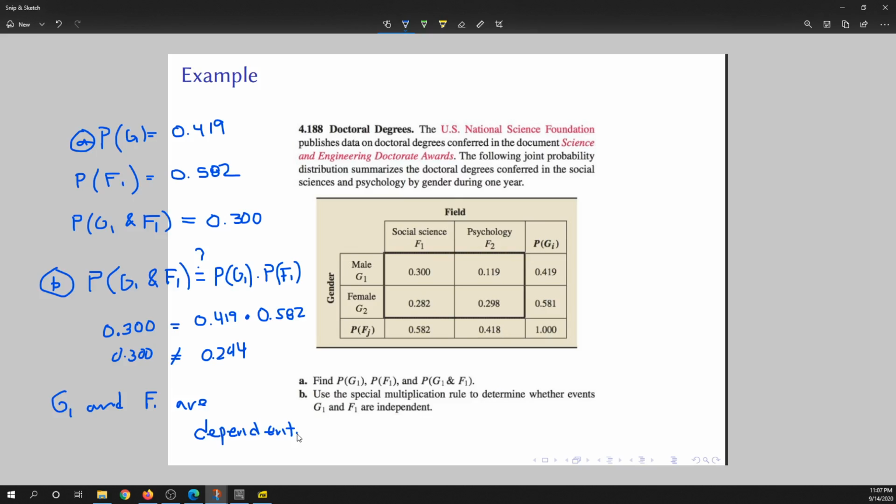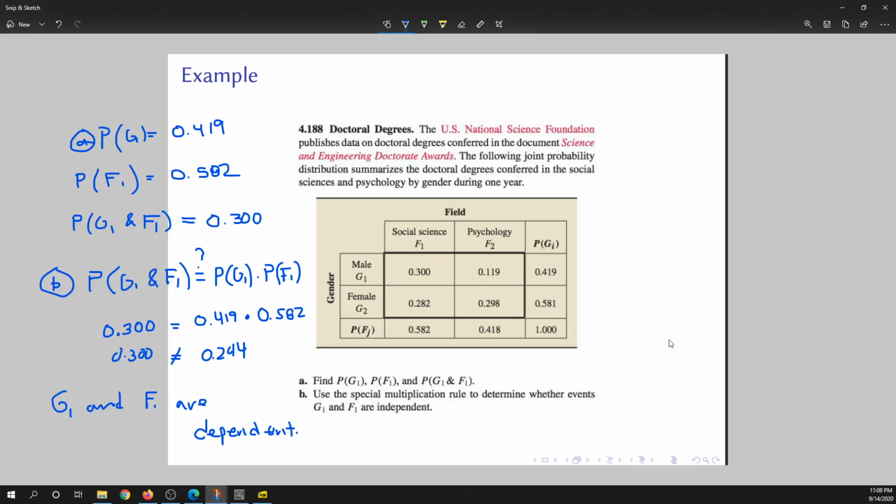But there are other times when we'll just think our way through and not compare the numbers. We definitely can tell, if you know the probabilities, whether they're independent or dependent in these two ways: as in this problem that we worked, where we see if it satisfies the special multiplication rule, and the other way, where we use the conditional probabilities and compare that to the probability that's not conditional.